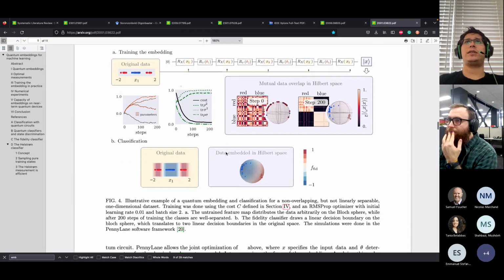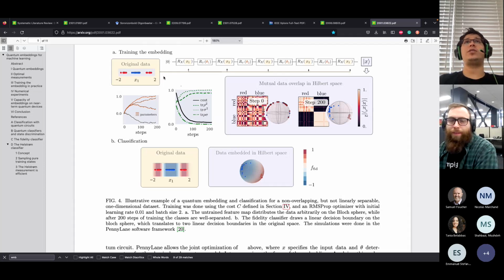What's important is that this is the Bloch sphere. Remember that I told you that when you have 1 qubit, you can visualize the qubit state on a Bloch sphere. In this case, you have the data. Once you train all of this, you can see that the data in the blue region is correctly classified, and the data in the red region is correctly classified after you train this. But this is a very small data set.